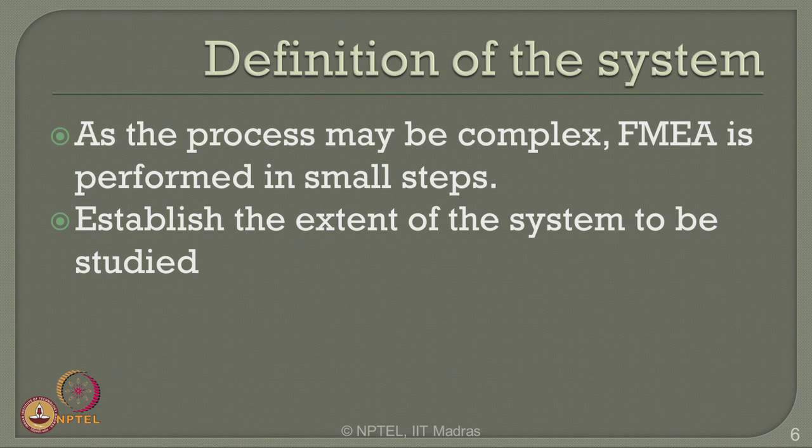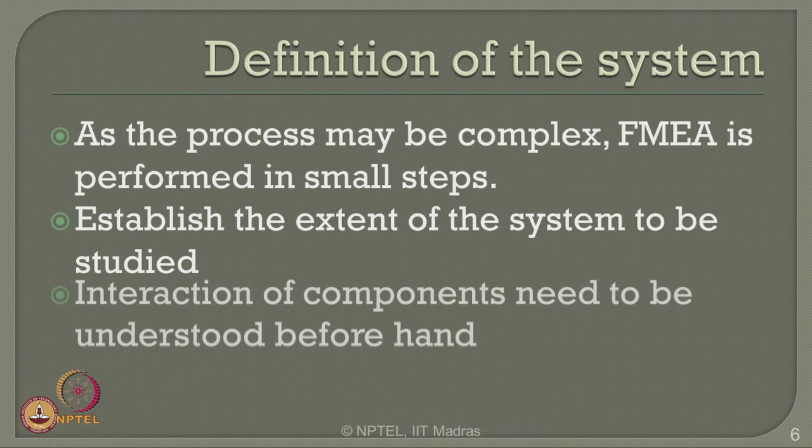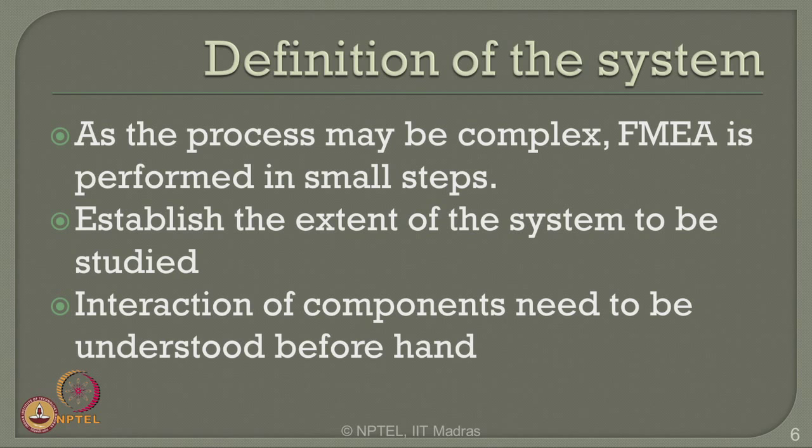You divide it into segments and keep on understanding, identifying and doing failure analysis of different segments or components of a given overall system. Most importantly, dear friends, it is necessary that we link the interaction of different components and understand them beforehand. Then only one can easily find out the sequence of failure in a given system.